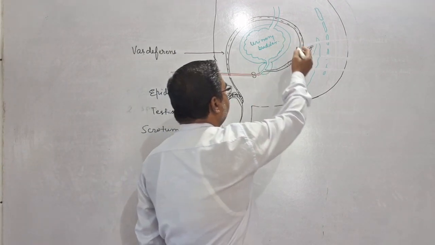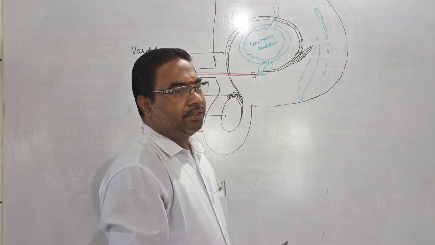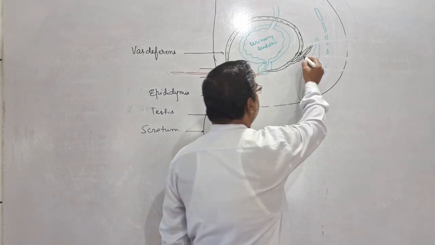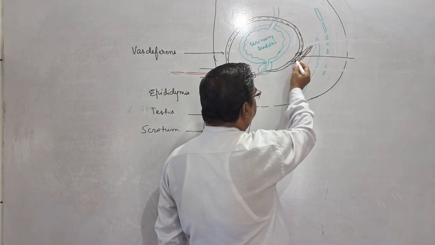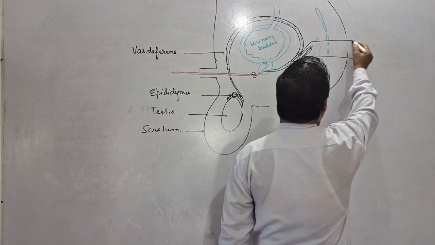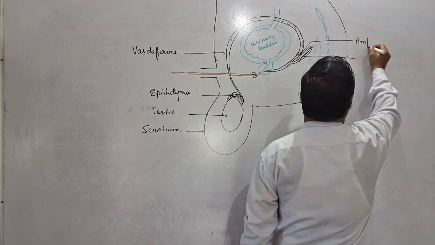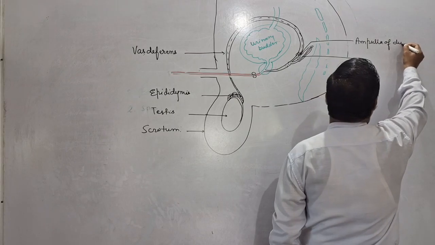Now the vas deferens, at this point where it is about to connect with the seminal vesicle, there is an ampulla called the ampulla of ductus.